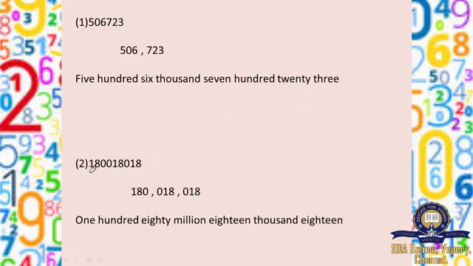One more sum. 180018018. After ones period we will insert a comma, and then after thousand period we will insert a comma. This is a million period. So 180,018,018.